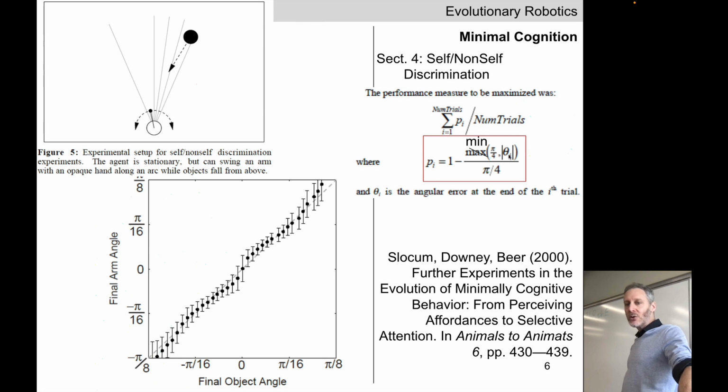And we're going to compute P sub i, how well the robot does in the ith trial, using theta sub i here, which is the angular error between what is the angle of the object relative to the robot when the object gets to the robot, and what's the angle of the robot's arm. We're going to take the difference between these two angles, which is an angle. Yeah? Do you want to maximize that angle or minimize that angle?